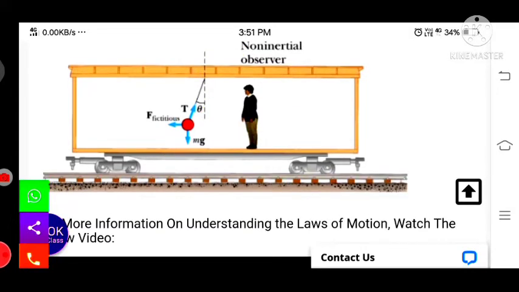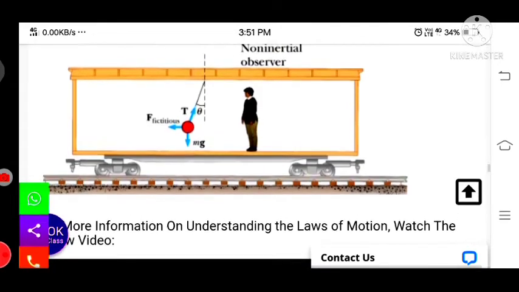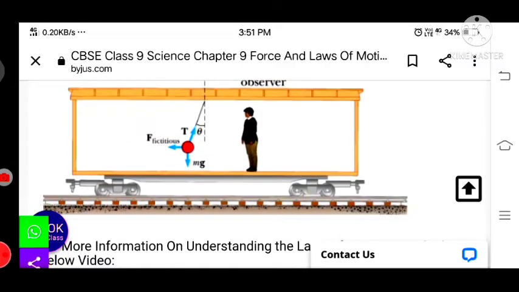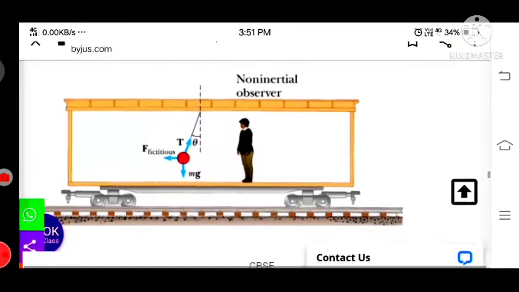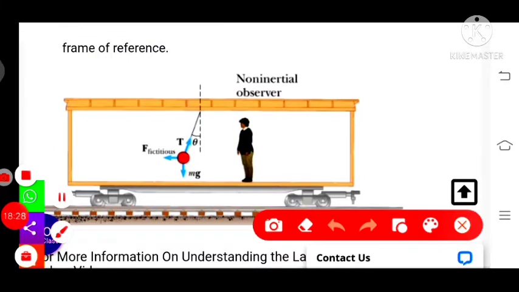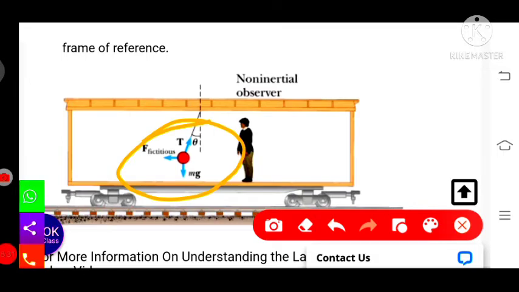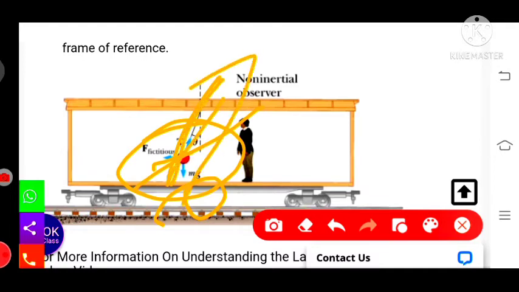So from this observation we observe that the ball which is here has many types of external forces applied on it, like the gravitational force and the frictional force, and because of these forces the ball makes an angle called theta.